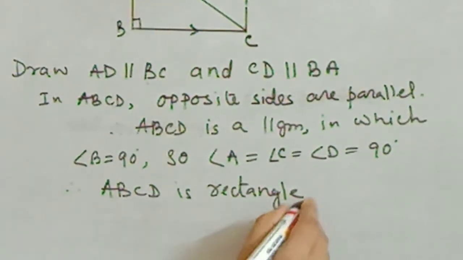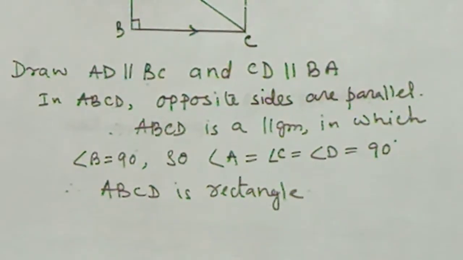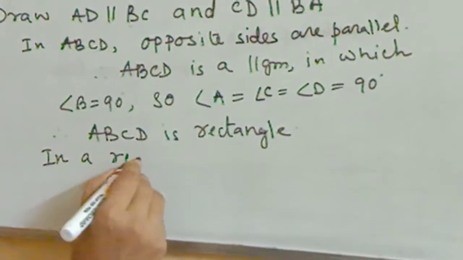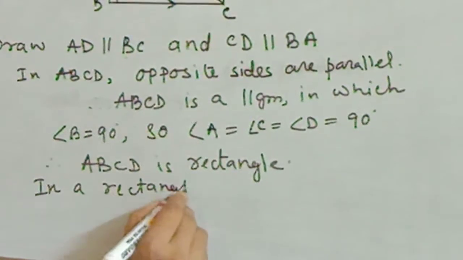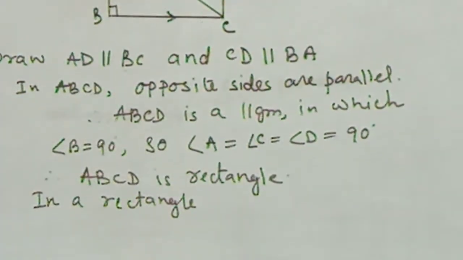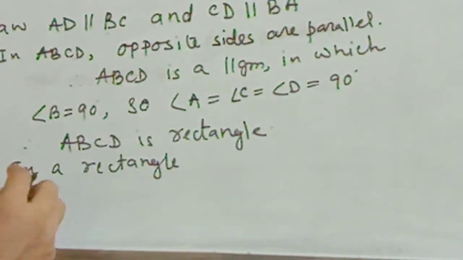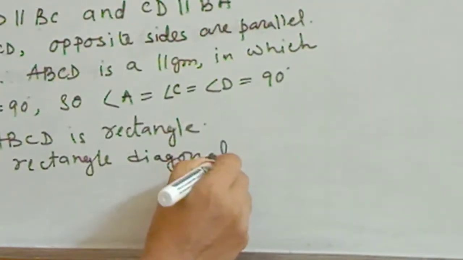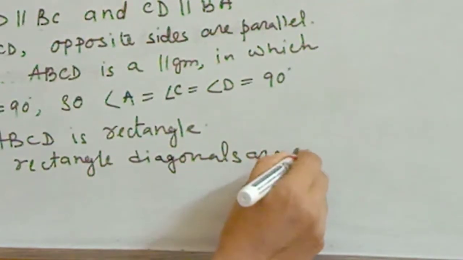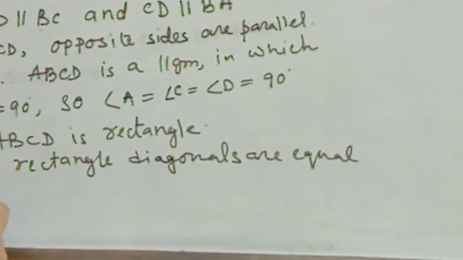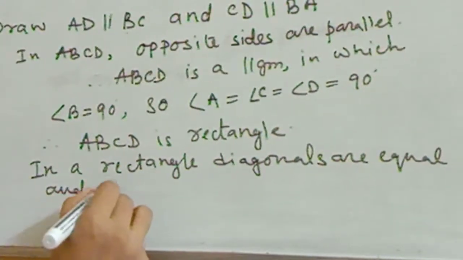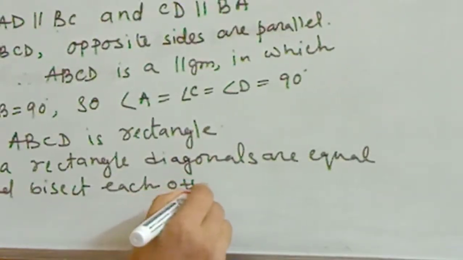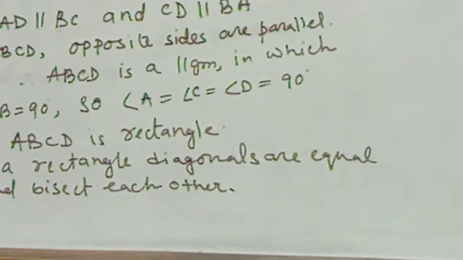ABCD is a rectangle, and as we know, in a rectangle, diagonals are equal and bisect each other.